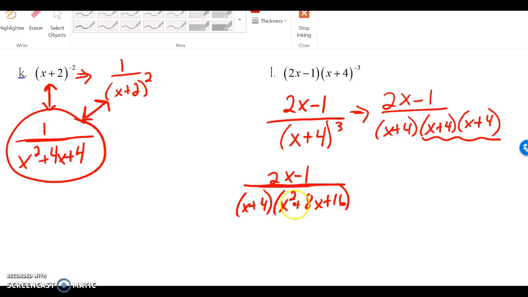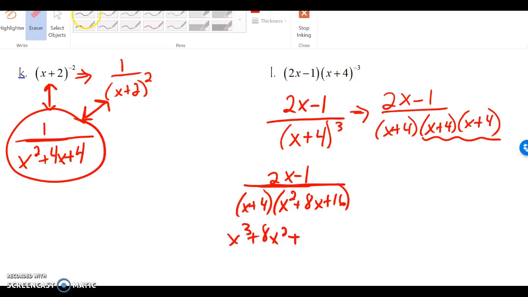Now I need to distribute here, so I'm going to end up with x cubed plus 8x squared plus 64 plus 4x squared plus 32x plus 64. Hold on here, wait. X cubed. Hold on, go back. I messed up here.